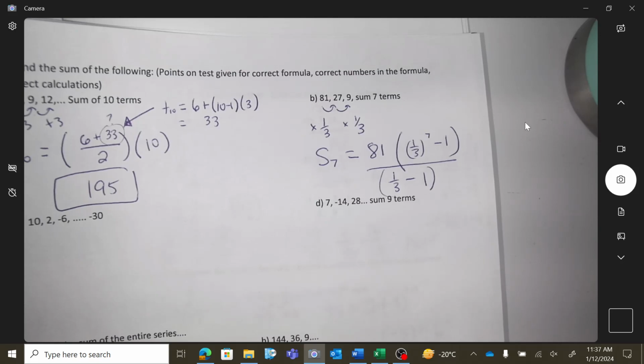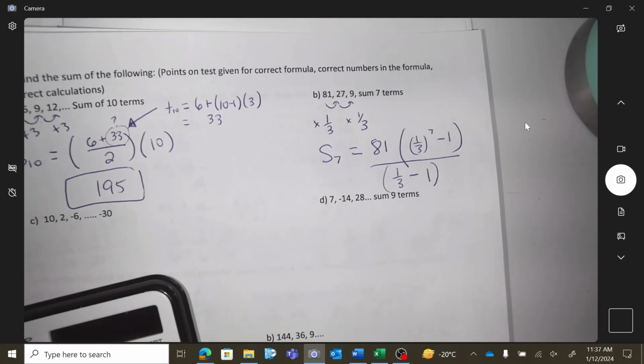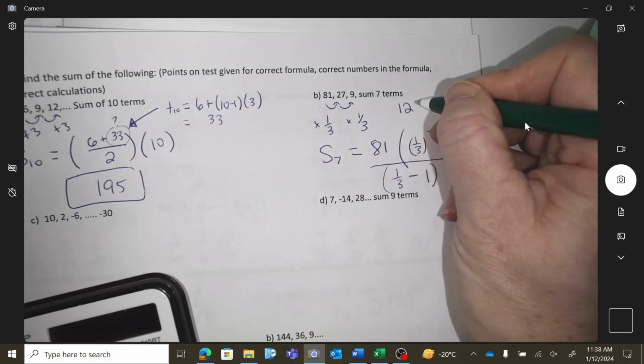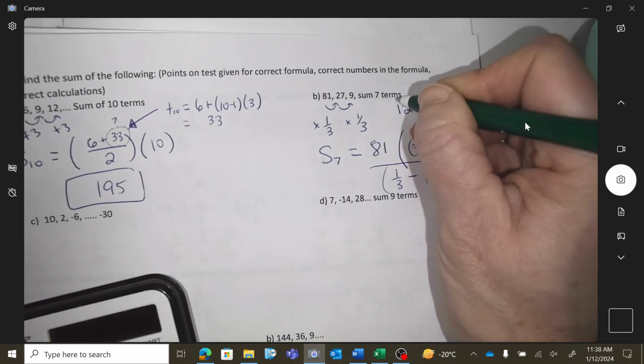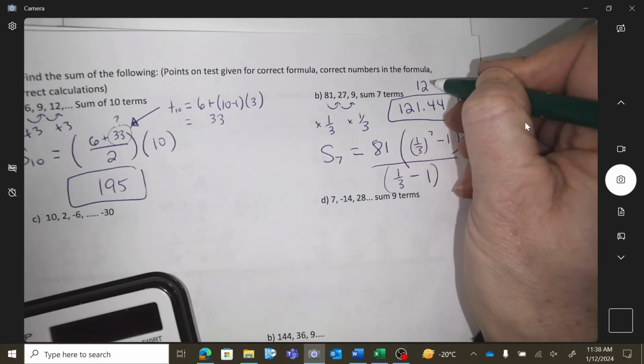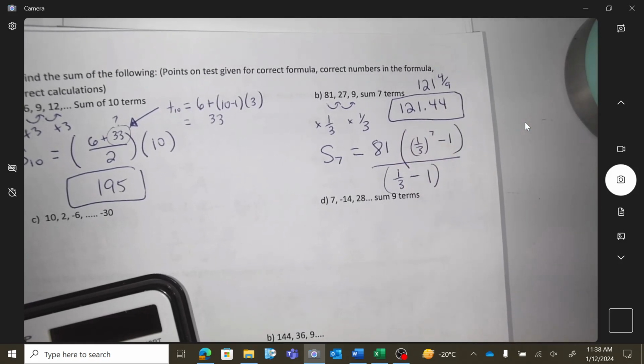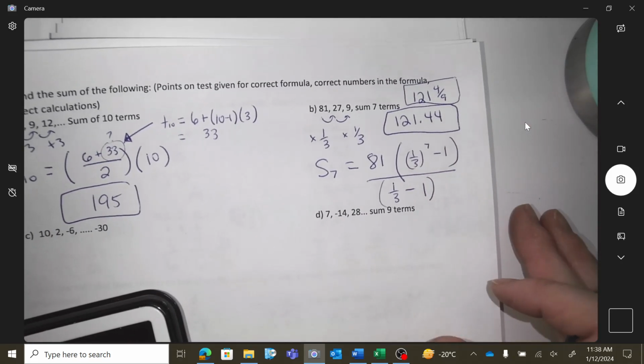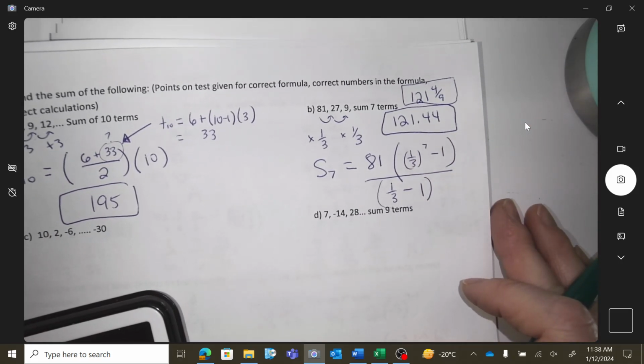Okay, so this question is considered the hardest for typing, how to type it. Did you type it in that we got 121.44?